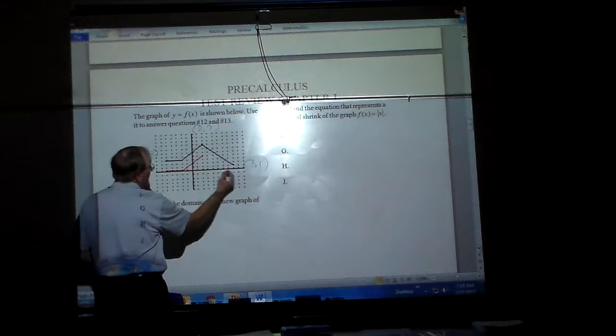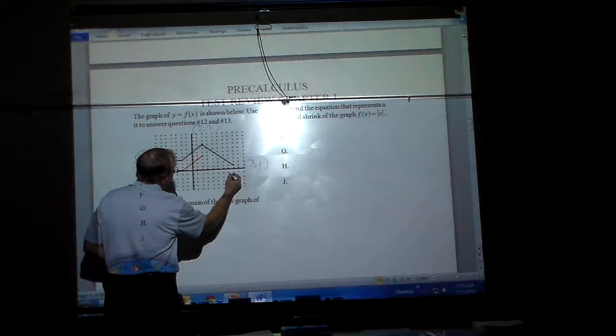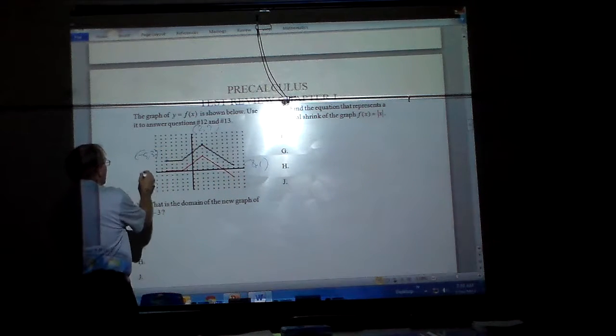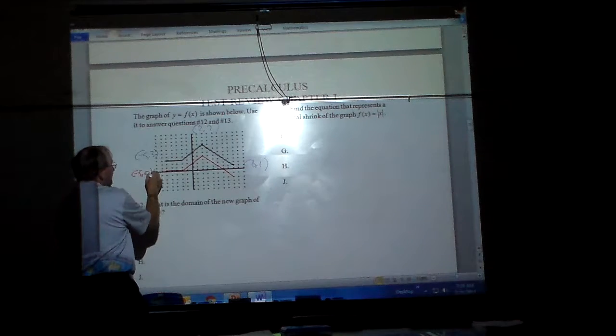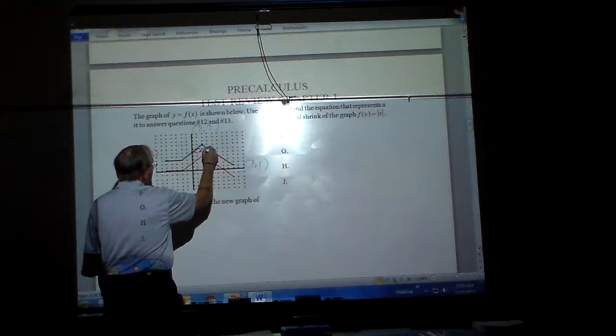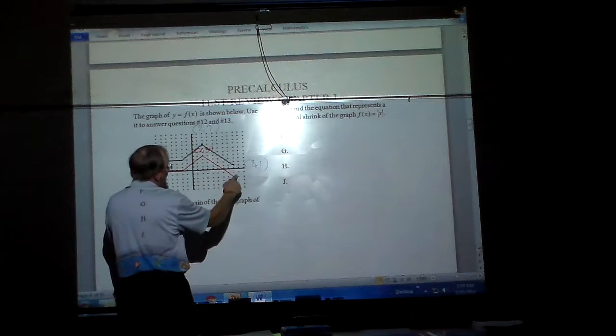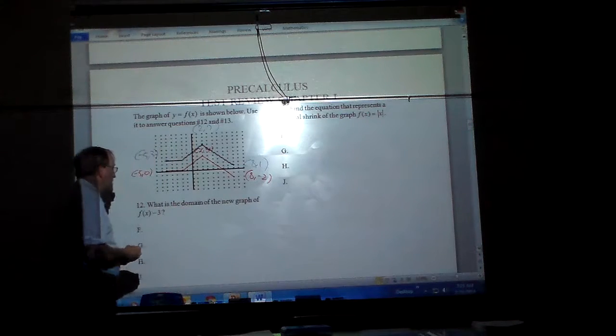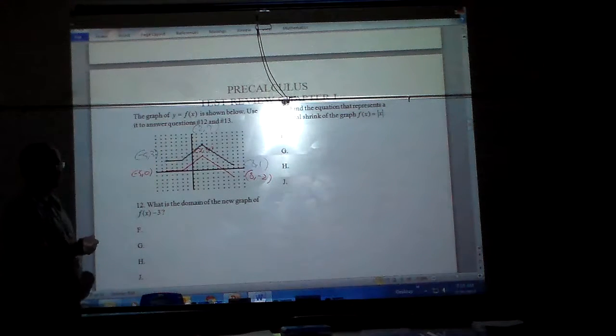Notice I'm drawing a new graph right there like that. So now I have these new points. Well, I can tell this is now at negative 5, 0. This point now here is at 2, 4. And this point here is now at 8, negative 2. And I like to find all those points because now I can answer my questions.